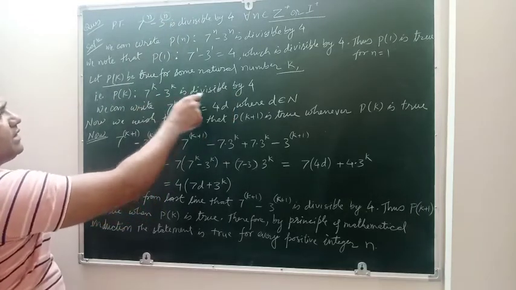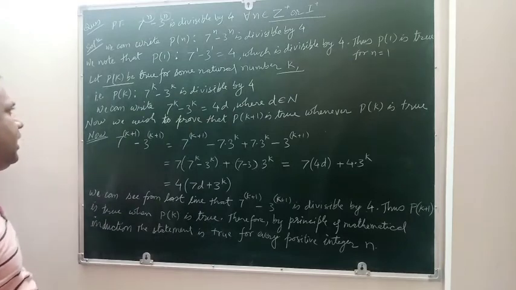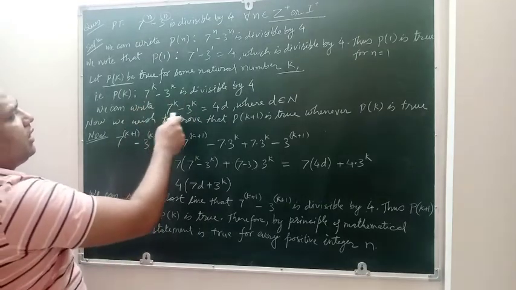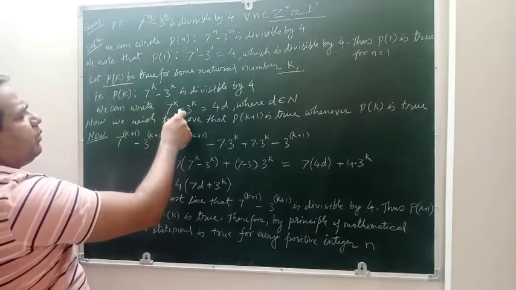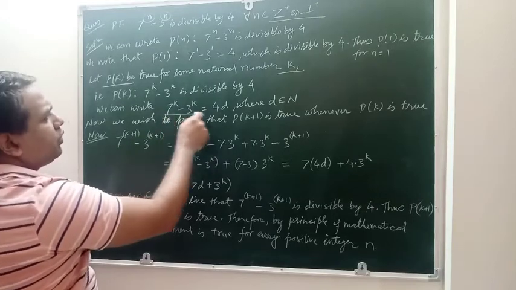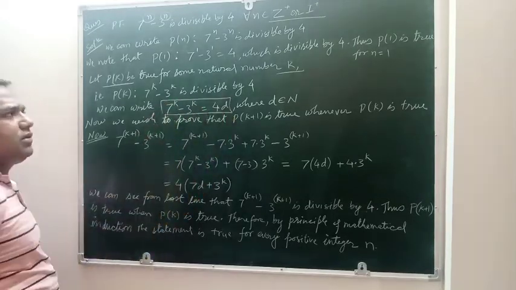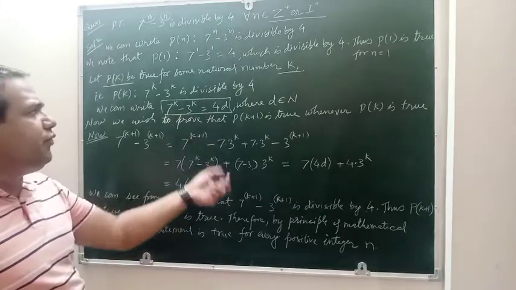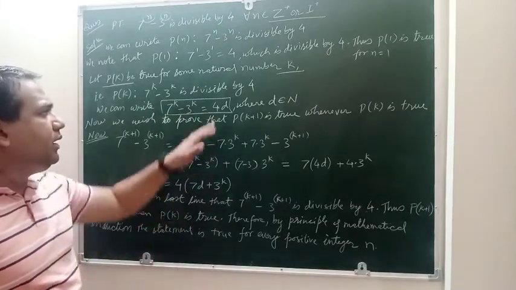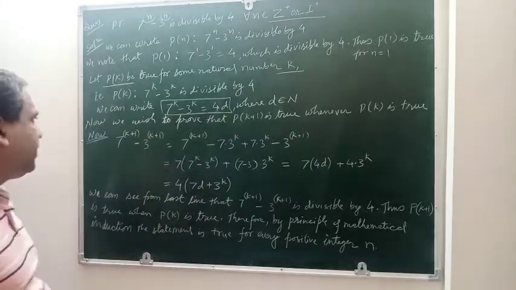I am assuming this is true. So if this is true, then I can write 7 power k minus 3 power k as equal to 4d. Why? Because it is divisible by 4. So I am writing 4d, where d belongs to natural number.